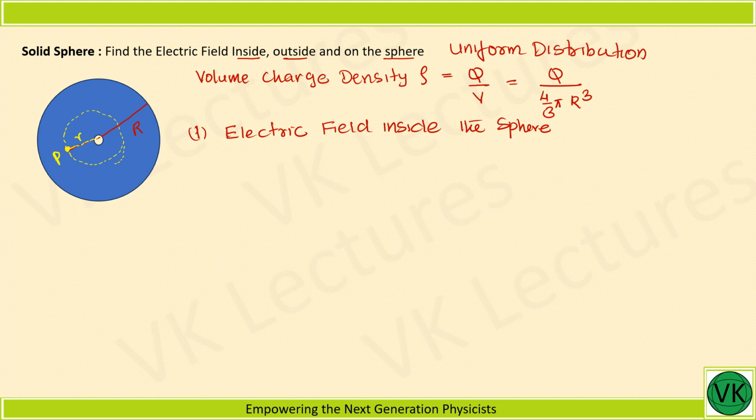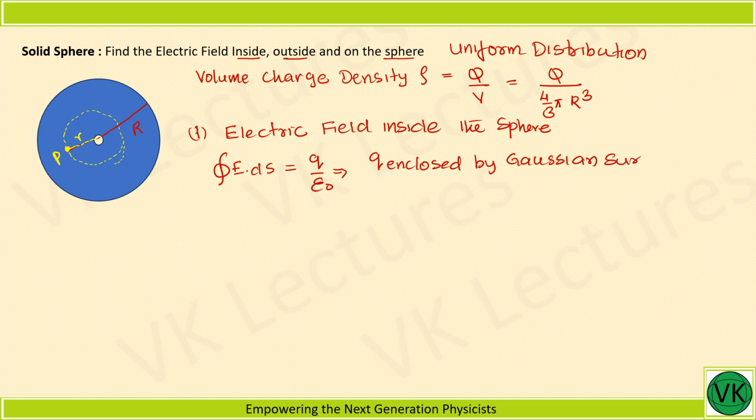Now according to the Gauss law, we have closed integral E dot ds equal to Q by epsilon naught. And what is this Q equal to? This is Q enclosed by Gaussian surface.